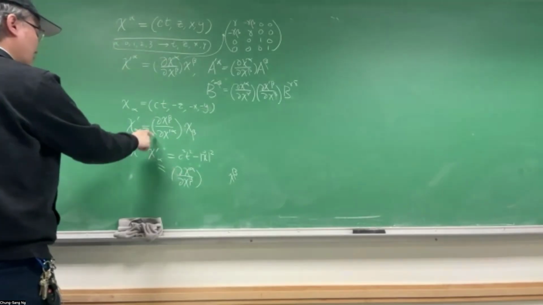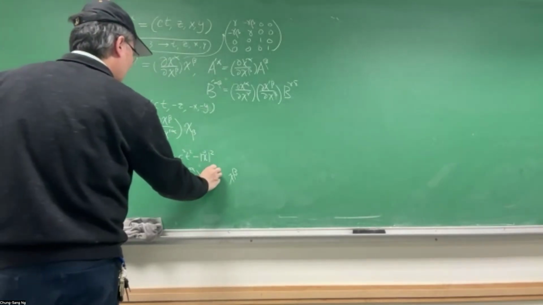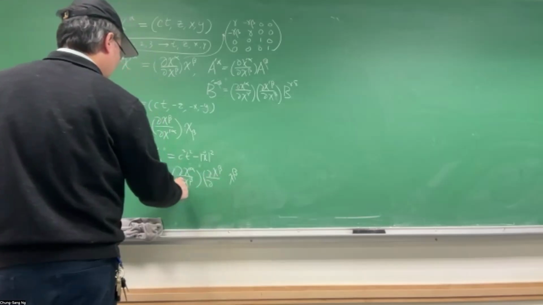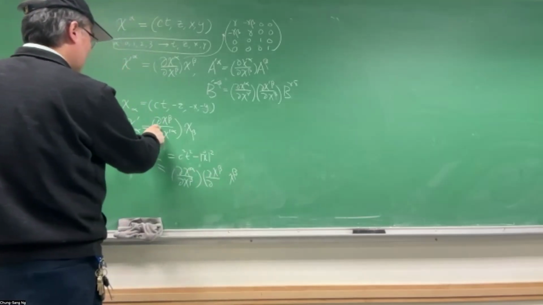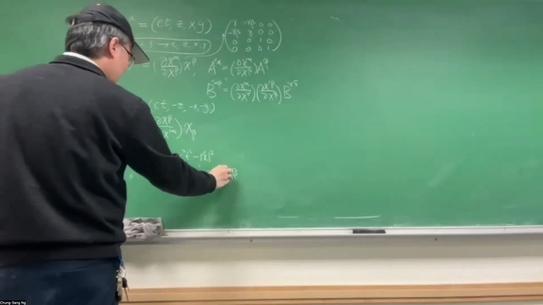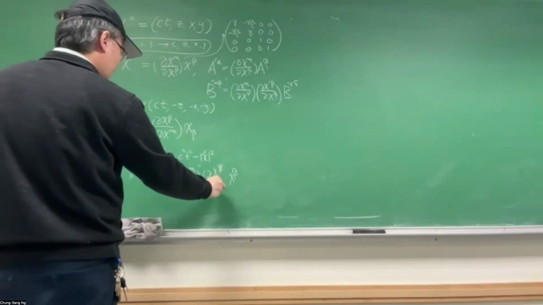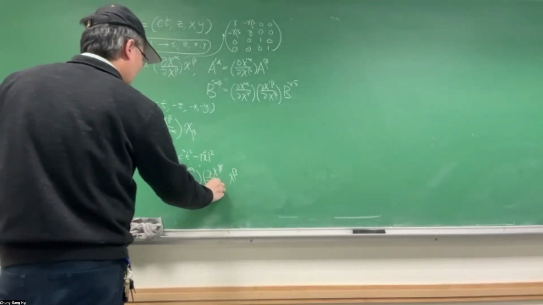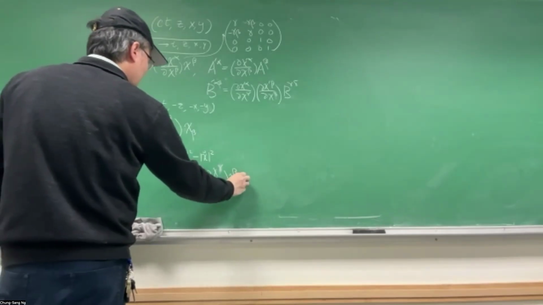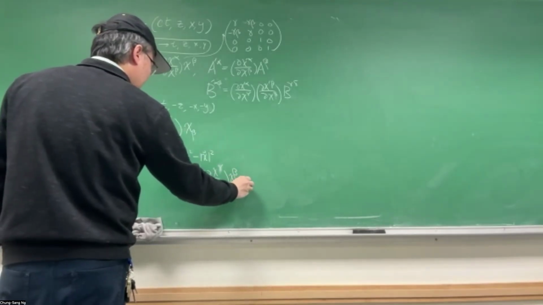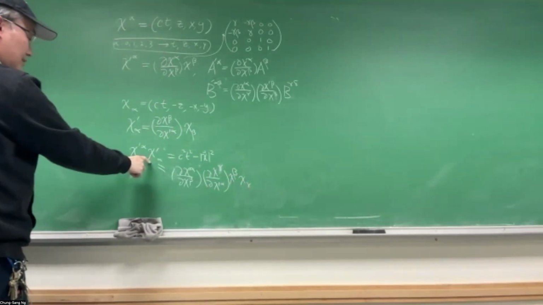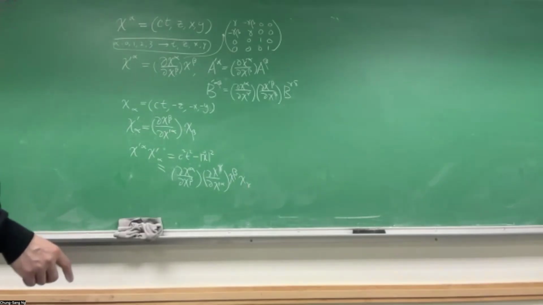And then the covariant one is partial x beta, partial, I actually should not use beta because I already used beta here. It's partial x gamma over partial x prime alpha, and then the x gamma. That's just substituting here.